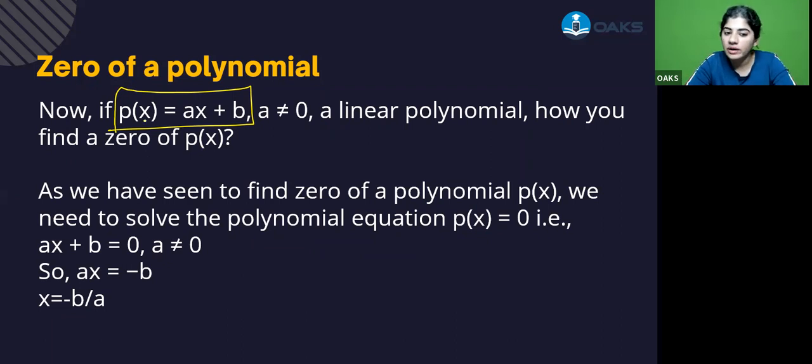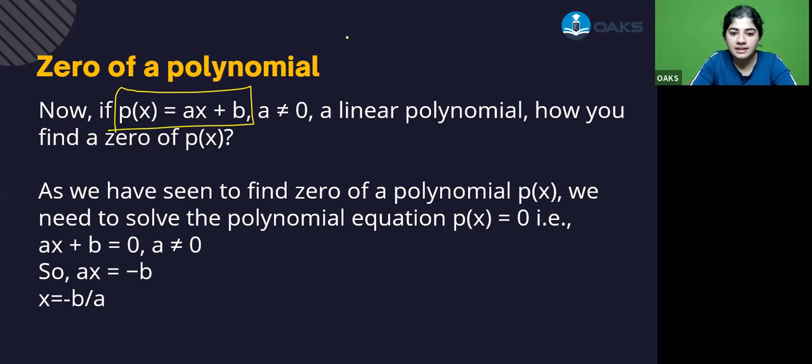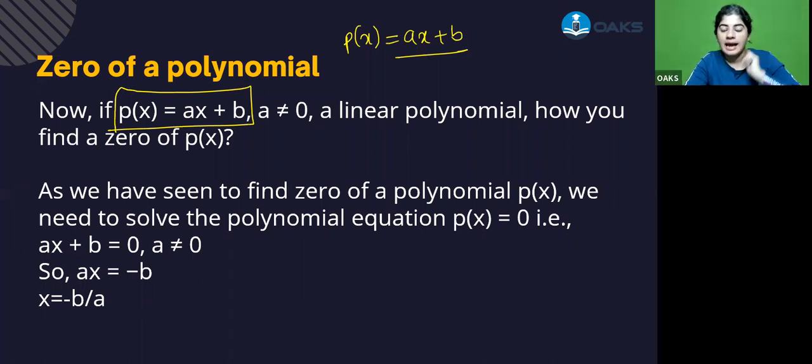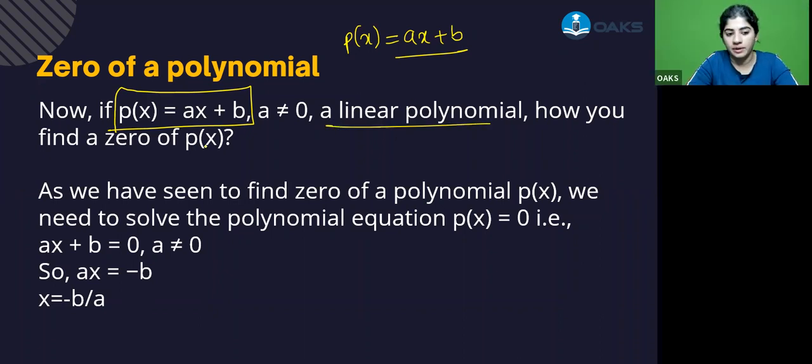And what is the type of polynomial based on the number of terms? Binomial, because there are 2 terms only. And what is the degree here? 1. That's why it is a linear polynomial.